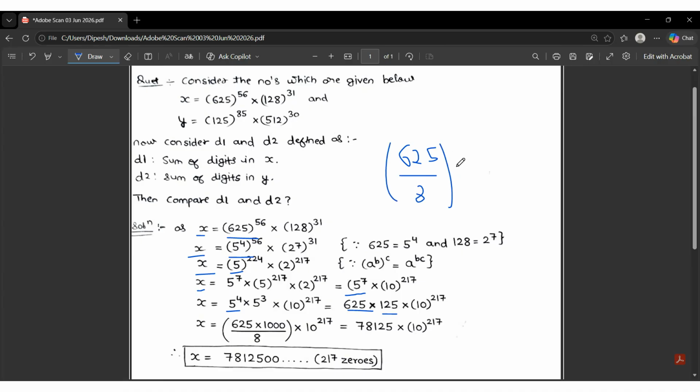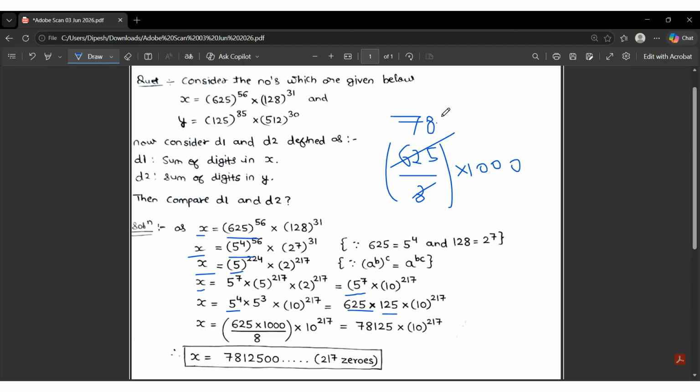Now on dividing 625 by 8, we get 78, since 8 times 78 is 624. Then the remainder on dividing 625 by 8 is 1. Whenever on dividing by 8 the remainder is 1, put 125 after the decimal point, followed by multiplying by 1000.